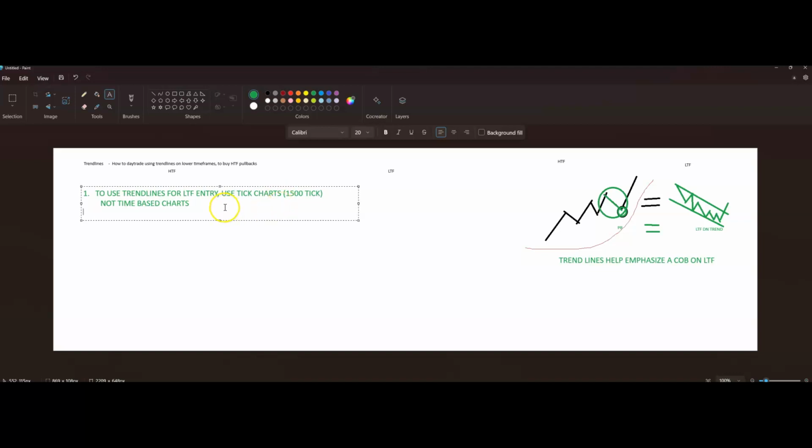What you need to do is get rid of the time element by using the tick charts. Tick charts show trend better.